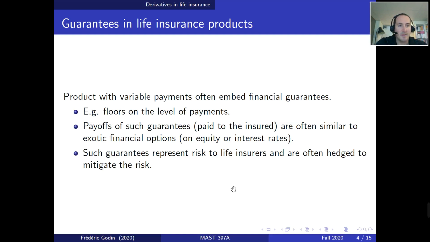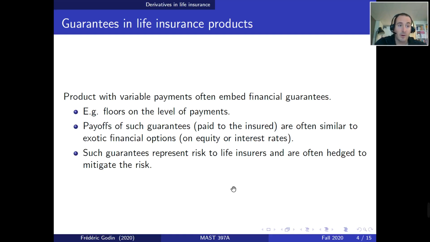We're gonna discuss that a bit more in depth shortly, but since these guarantees provide payoffs that look like option payments, insurers in practice, when they value them or when they manage their risks associated to these guarantees, treat the guarantees as options. So they can use traditional option valuation methods such as the ones we've seen throughout the current course.